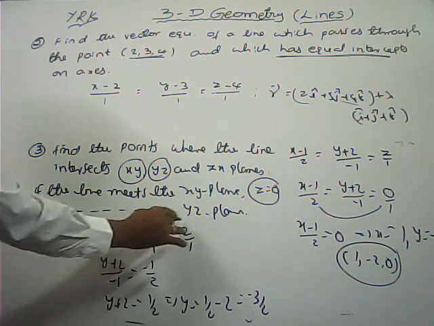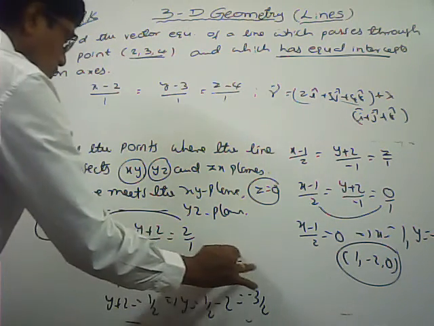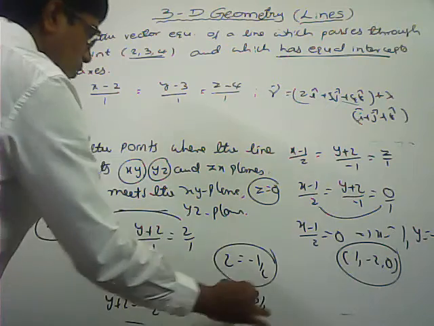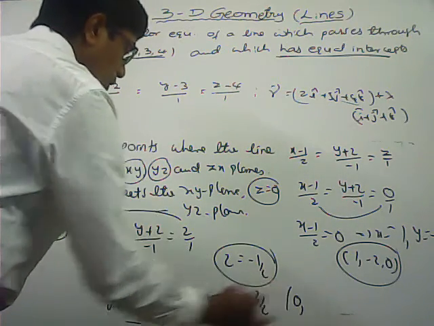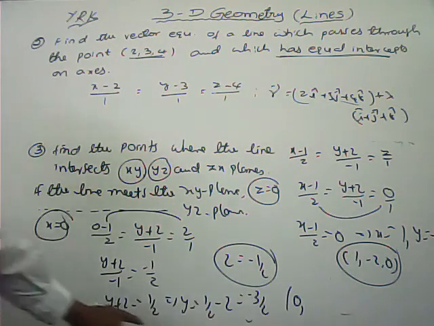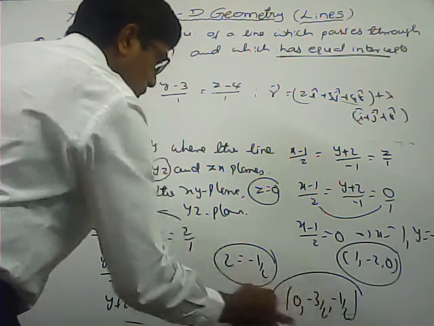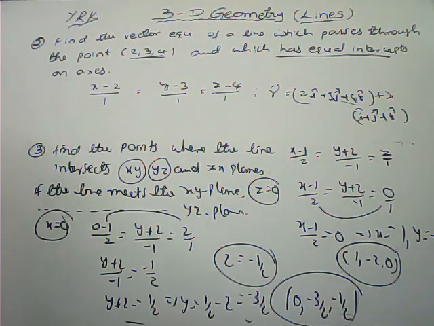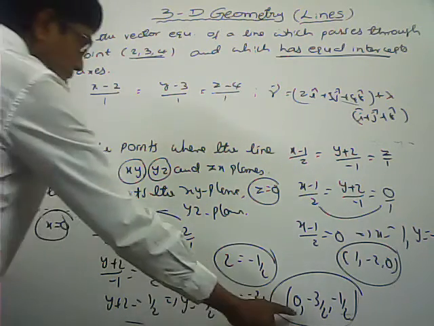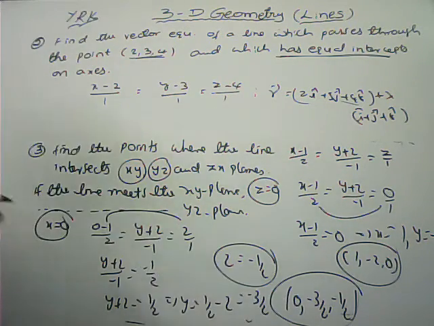And by equating these two, z equals minus 1/2. So x equals 0, y equals minus 3/2, z equals minus 1/2. So the given line intersects the yz plane at 0, minus 3/2, minus 1/2.